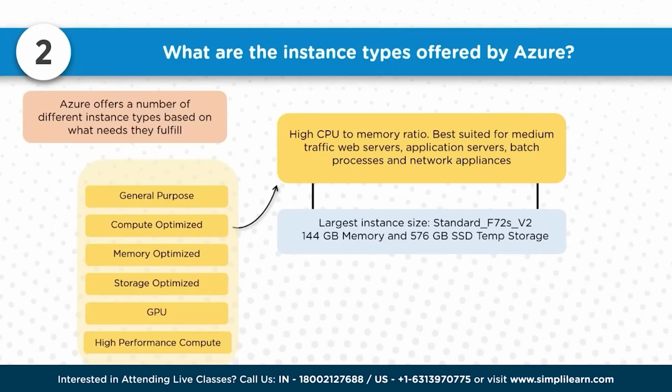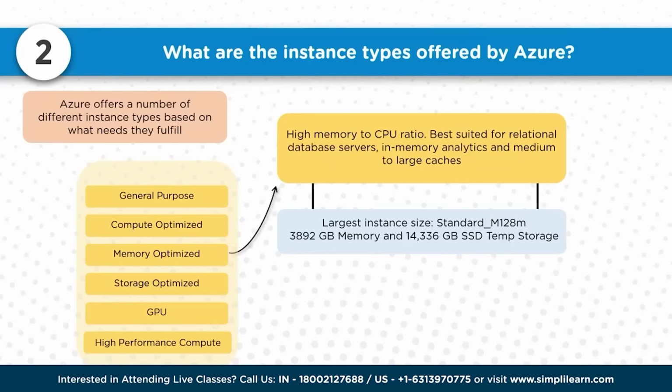Batch processing applications can also be placed in compute optimized, and by doing that we get the actual benefit of the compute optimized instance. The largest instance size type is Standard F72s v2, and here we get 144 gigabytes of memory and 576 gigabytes of SSD temporary storage.